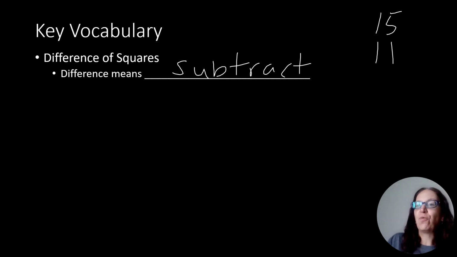If you wanted to know the difference between our ages, you would subtract, and we would say the difference is 4 years. It's actually like 3 years and 8 months. And my brother and I are similar in the other direction. He's about 4 years older than me. But difference means subtract.